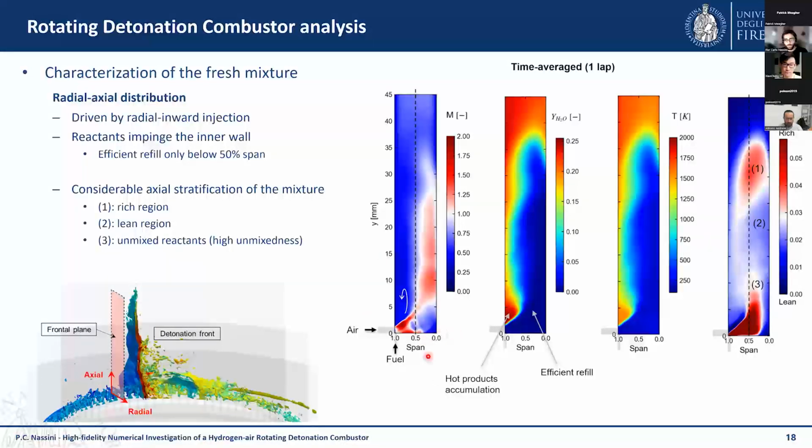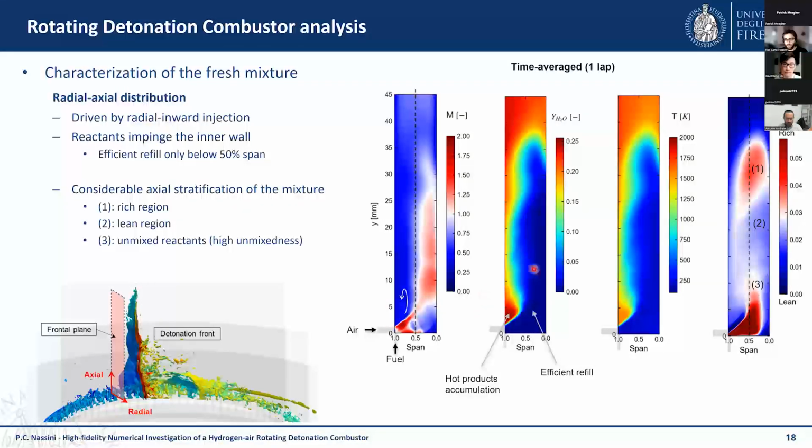As you can see here, of course, we have a radially inward injection of air and the fuel which is injected here. So we have the impingement of the reactants on the inner wall in a very fast region of the flow, while on the outer half of the combustion chamber, we have very slow fluid, which is also associated with a recirculation region right above the air gap.